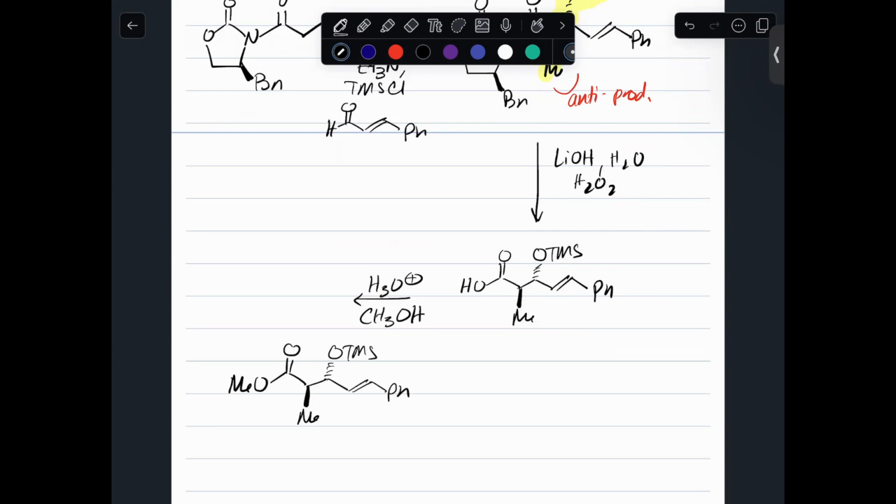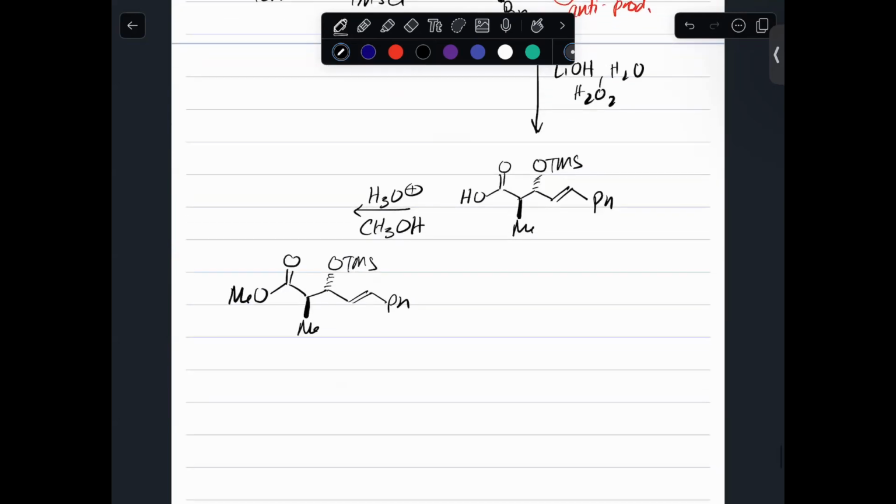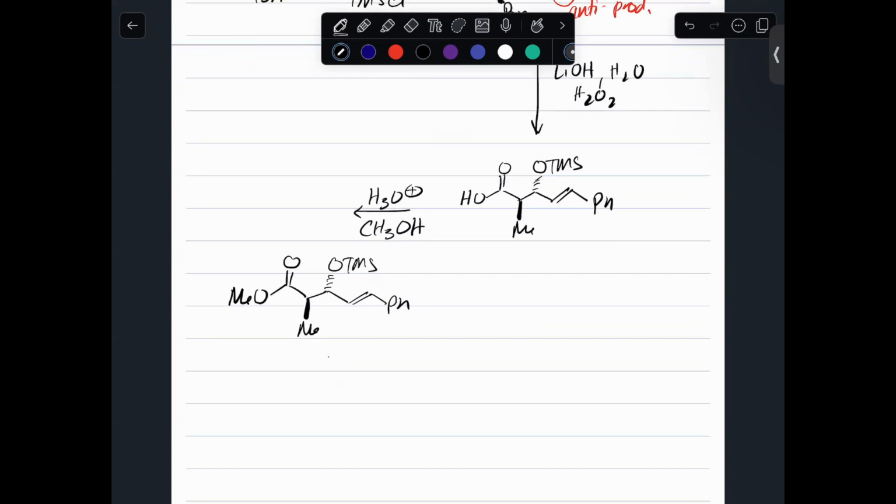Right? Fischer esterifications are typically taught in Chem 124. And if you took Chem 25 here, it's one of your labs for Chem 25. It's the microwave lab. And then finally, ozonolysis.